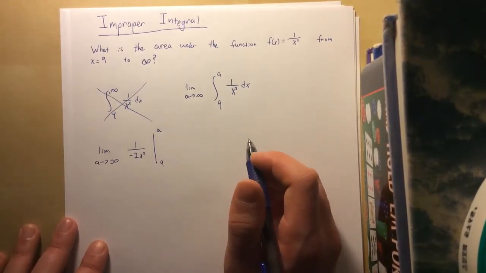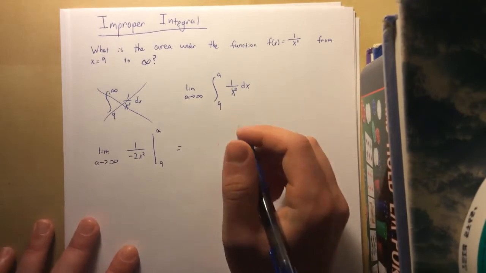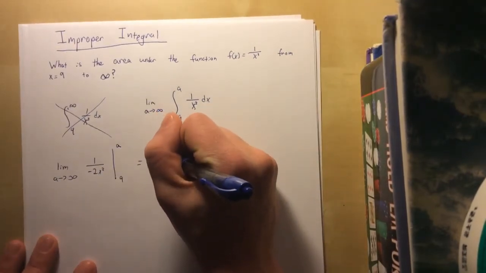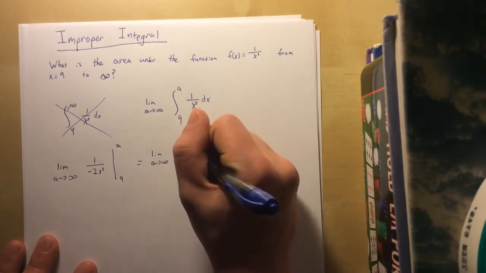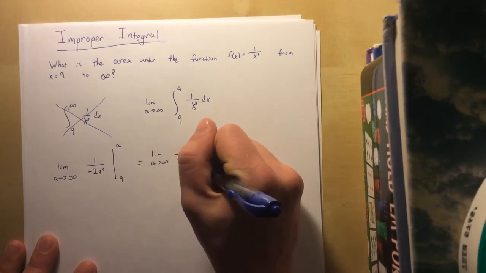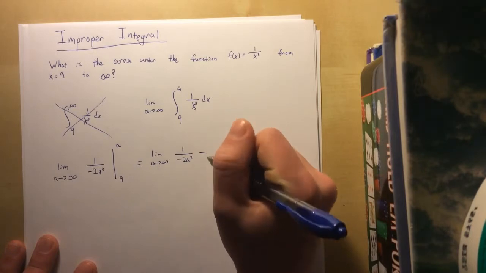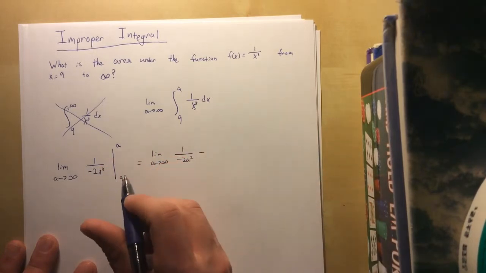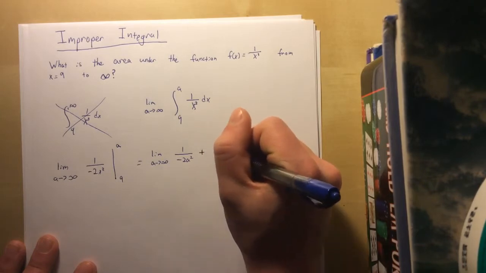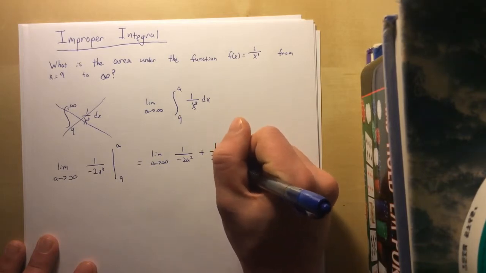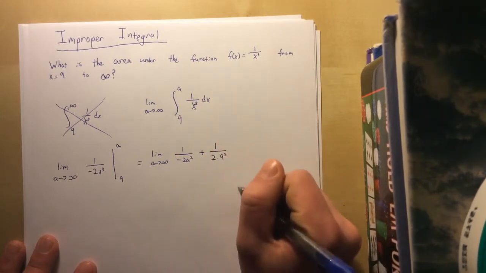And from there, we can go ahead and write that out. Limit as a approaches infinity of 1 over negative 2a squared minus, well, it's going to be minus a negative, so it's plus 1 over 2 times 9 squared.